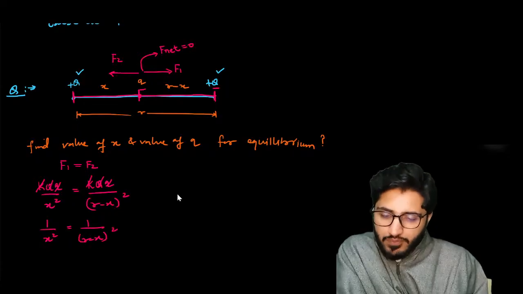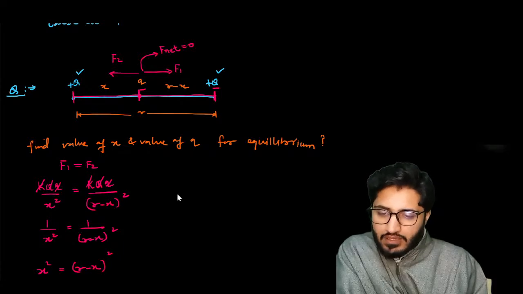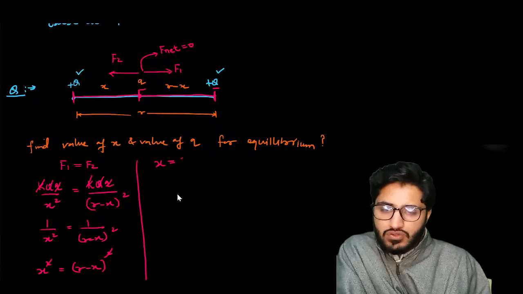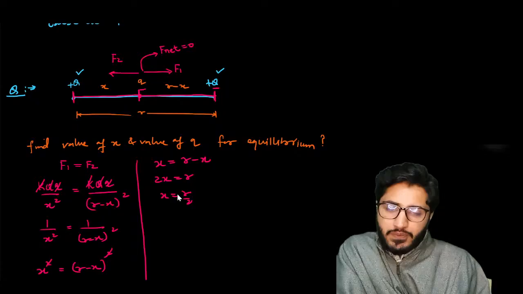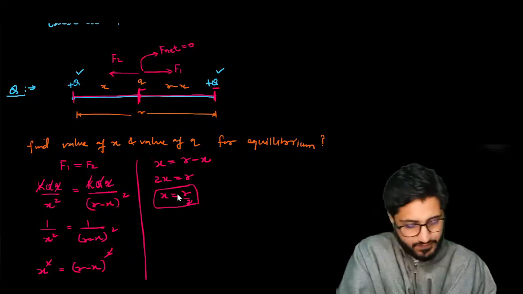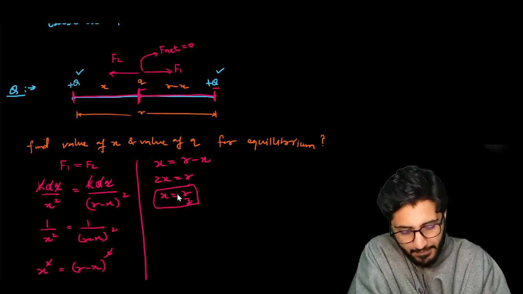Now take the inverse of these two: x square is equal to (r minus x) square. Cancel out, so x is equal to r minus x. So 2x is equal to r, so x came out to be r by 2. It will be at the middle point of these two.